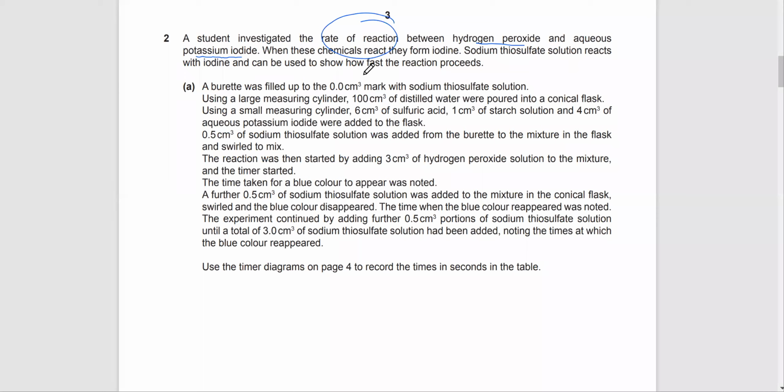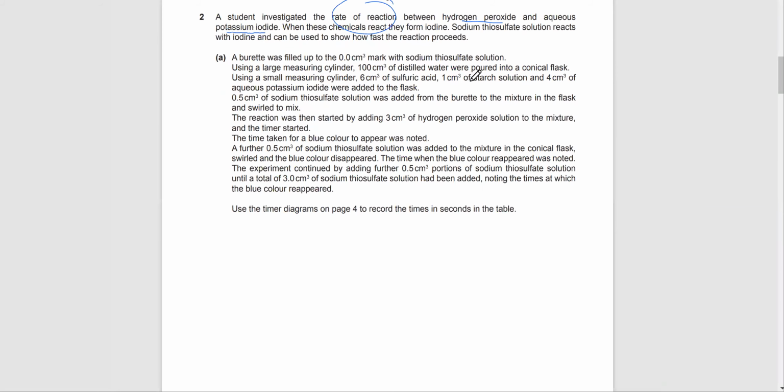Now, a burette is filled with 0 cm cube marked with sodium thiosulfate. So I'm going to just quickly sketch it. There's a burette with a tap at the bottom and it has sodium thiosulfate. No formulas are given, so I'm just going to write what's written over here. His burette is filled with sodium thiosulfate.